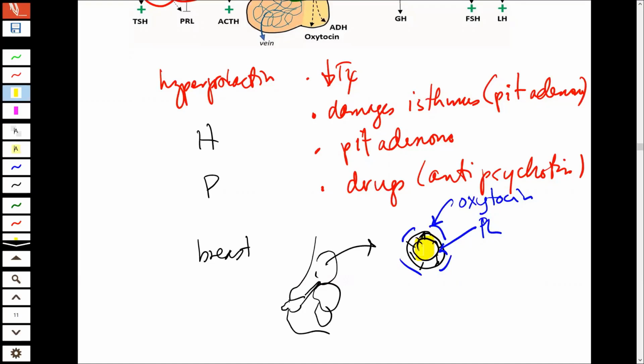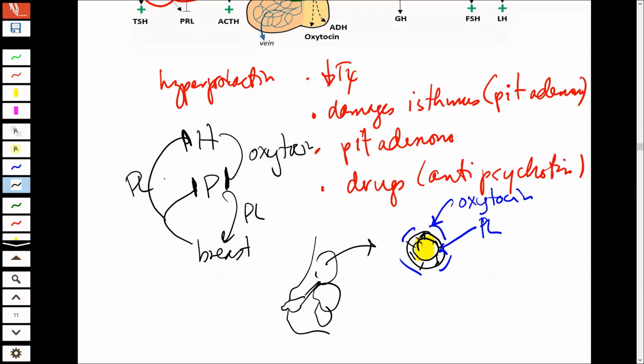Okay? So when I draw my picture here, prolactin is going to do this, right? It's inhibitory. There's my oxytocin. That's then going to give my prolactin. And here's the catch. It's my prolactin that inhibits. Okay? So when you look at this, remember then, what do you look for in the male?